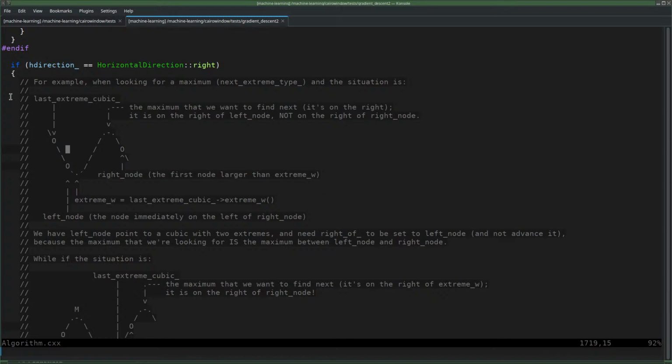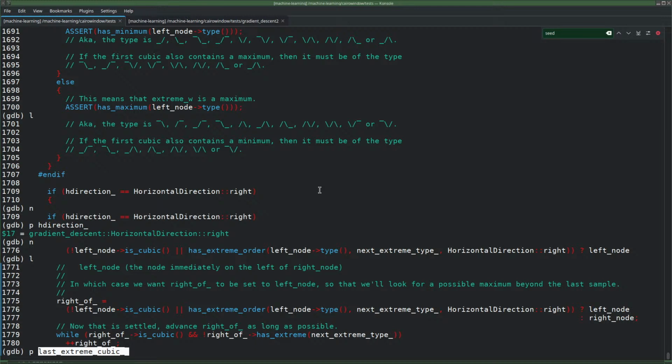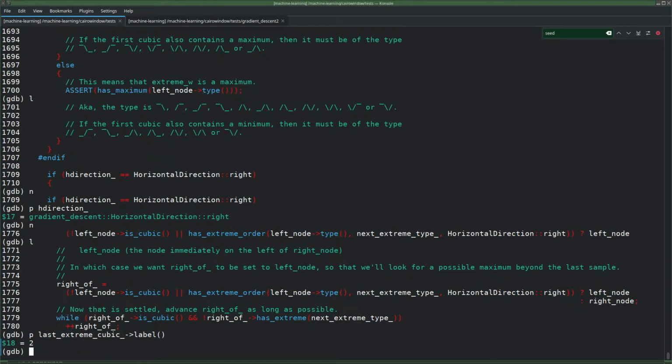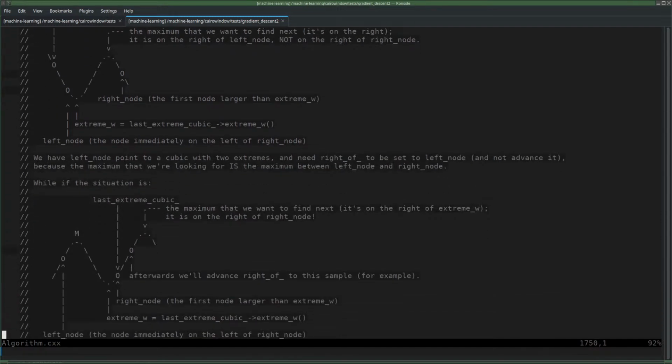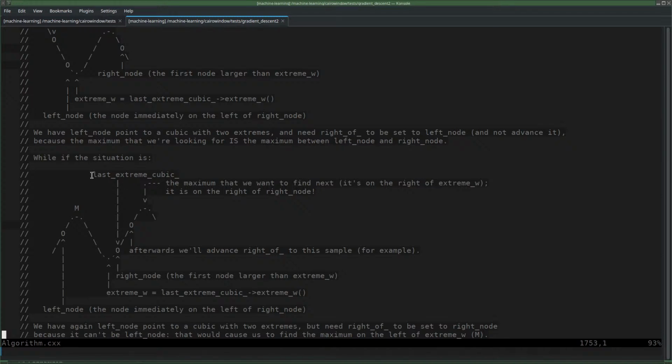What is last extreme cubic set to anyway? Also 2. That means, I think, that we are looking for a maximum. I think we just found a maximum, and we're very close to it as well. Extreme W is close to the last extreme cubic. This case, and we are on this side. Although now we're talking about a minimum here.